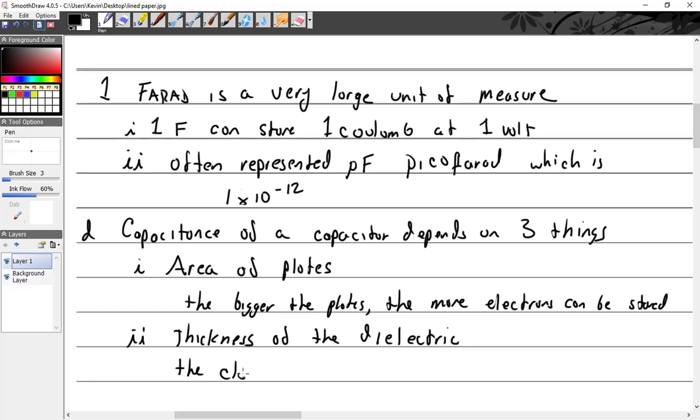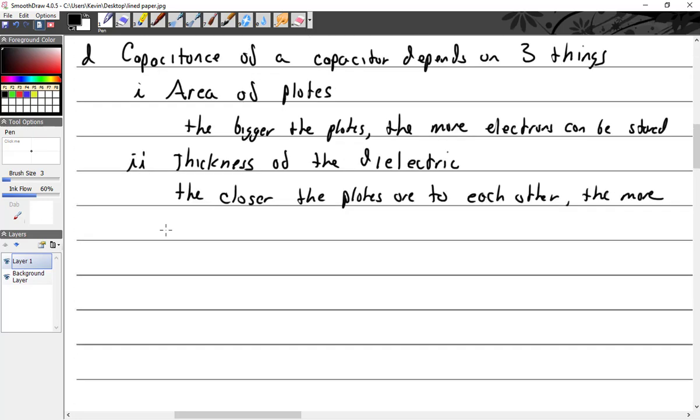All right, the closer the plates are to each other, the more electrons are attracted to the opposite plate.